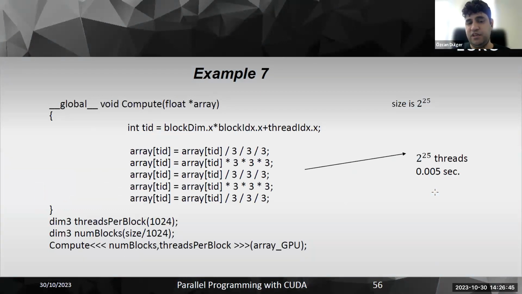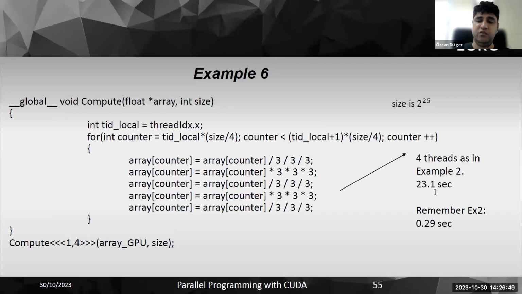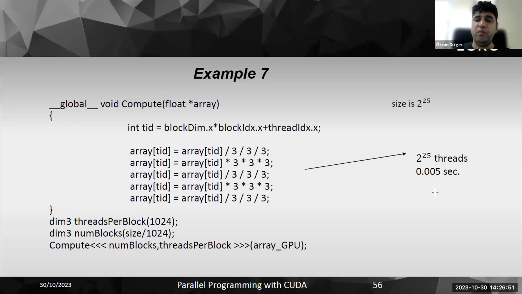This is incredible for us when we compare it with the results of OpenMP. Remember, it is 0.29 seconds. Here, this is the correct approach for CUDA programming on the GPU.